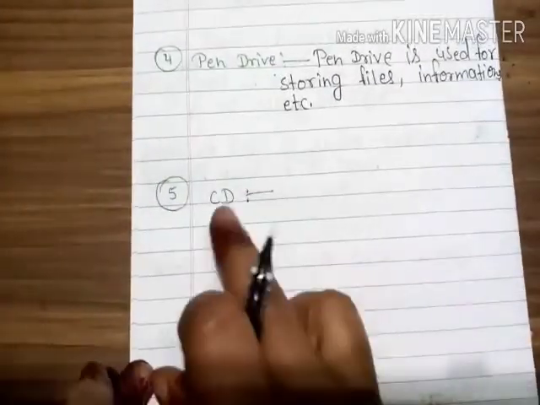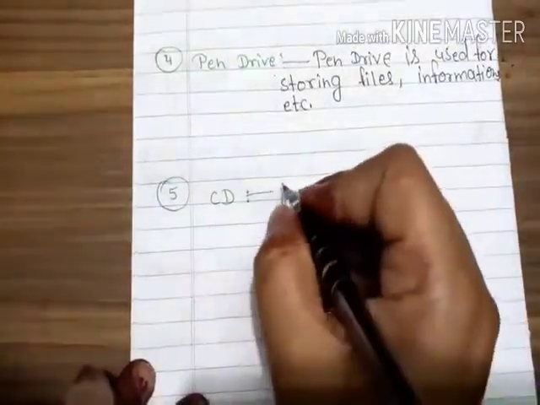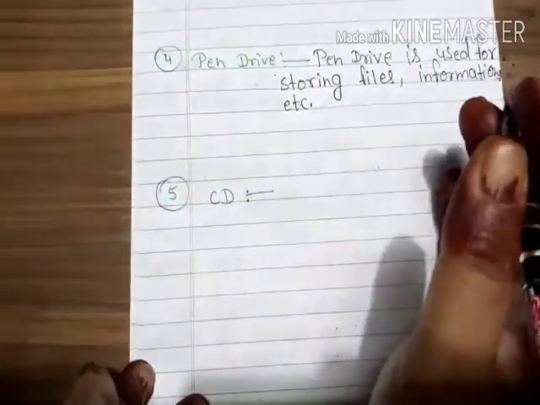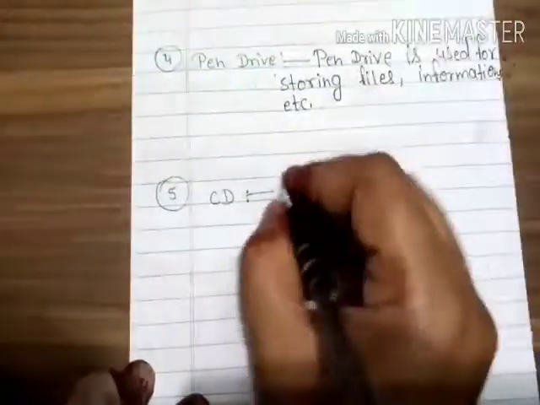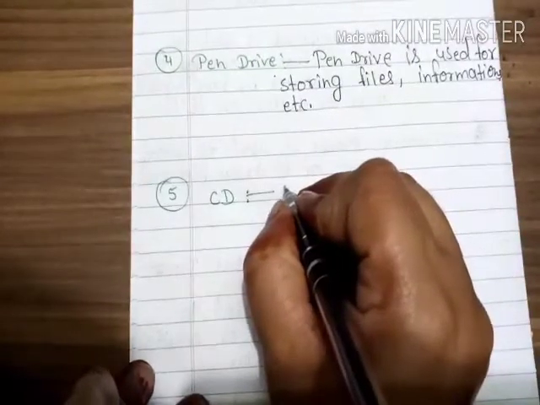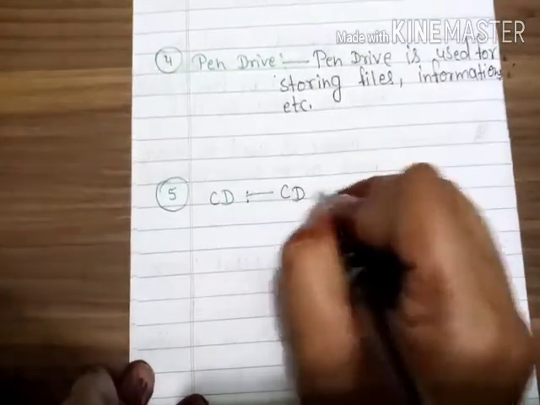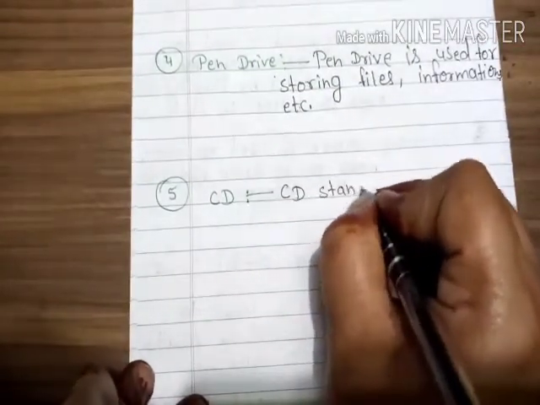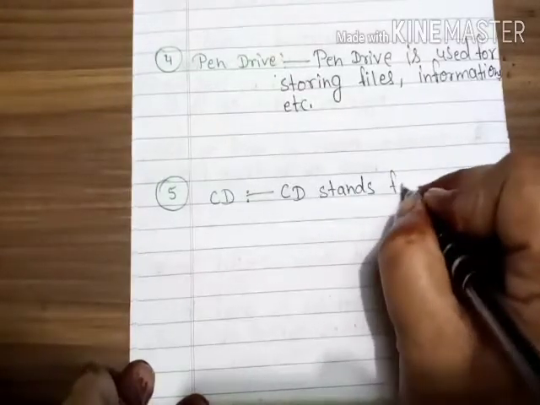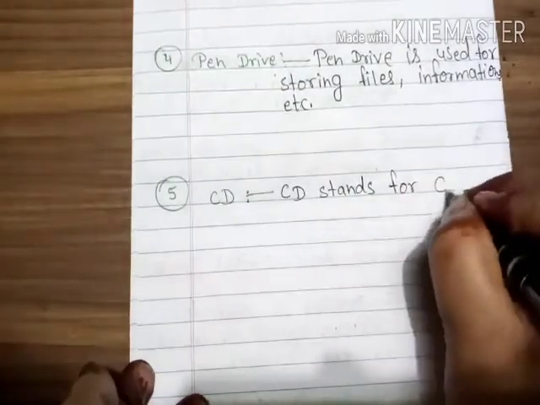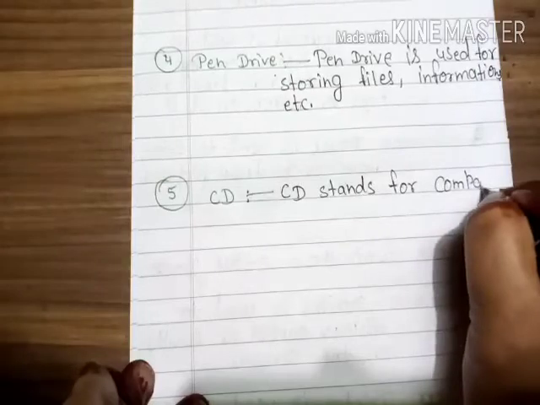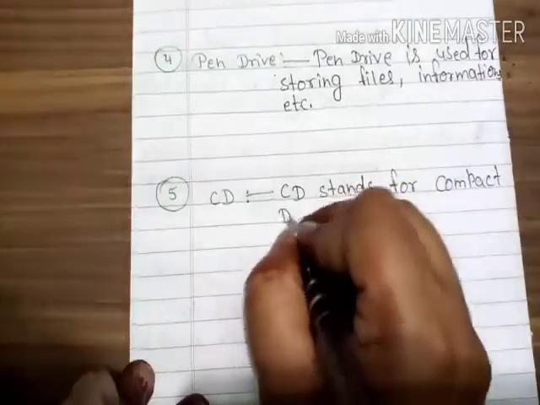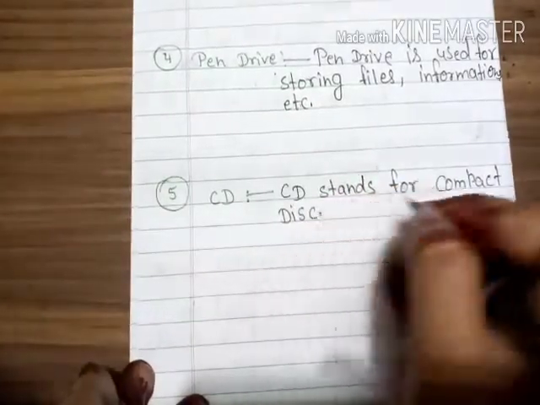The next one is CD. First of all we are going to write the full form of CD. What is the full form of CD? CD stands for compact disc.